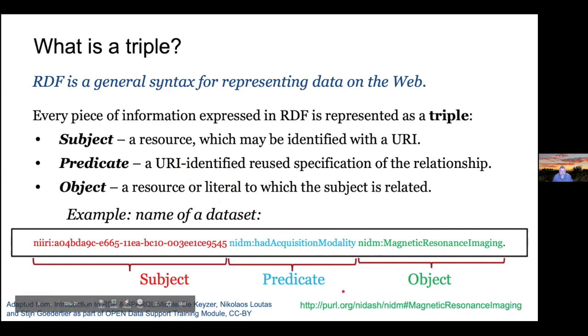And if you look at the URI for, for example, magnetic resonance imaging, this nidm prefix is what is used to help expand. So this is actually a shortcut representation, normally called a qname, where nidm colon magnetic resonance imaging actually expands to the following full URI.